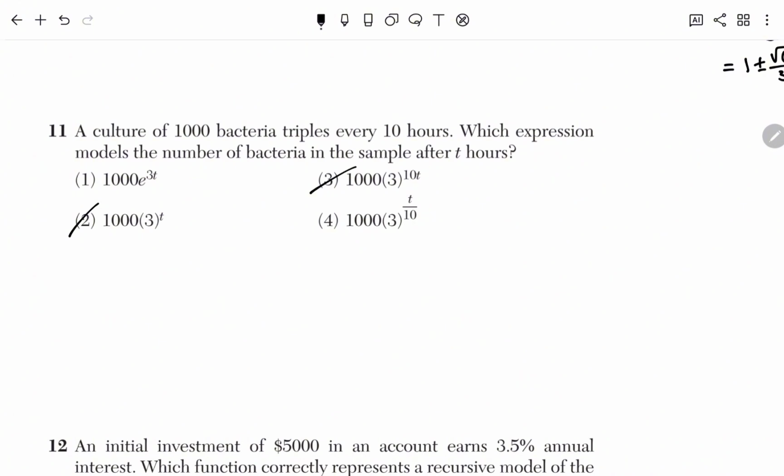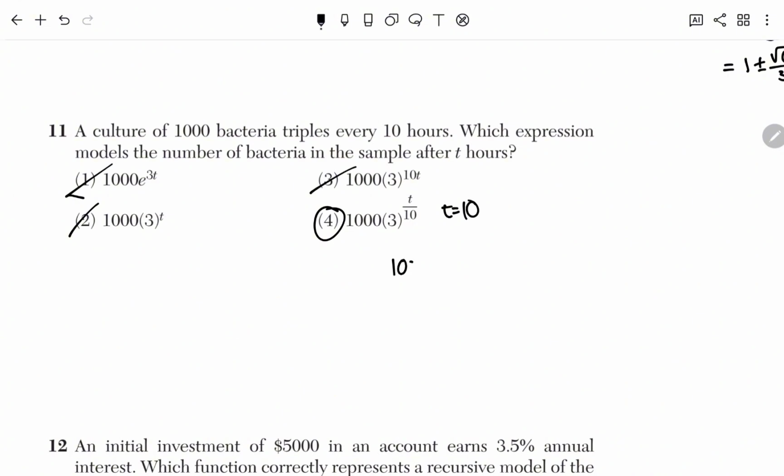Choice 1 we can eliminate because we're not doing the natural log. It's saying that the culture of bacteria triples every 10 hours. We're not doing e, we're not doing ln, so we can eliminate this answer choice. Only answer choice that works is answer choice number 4. Because if we plug in t equals 10, right? 10 hours.